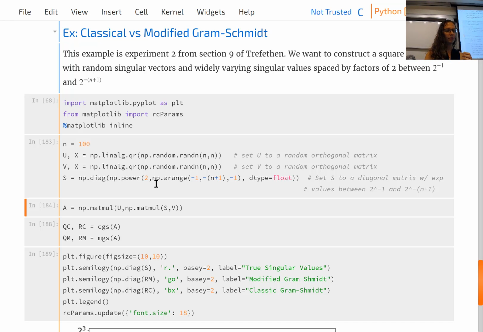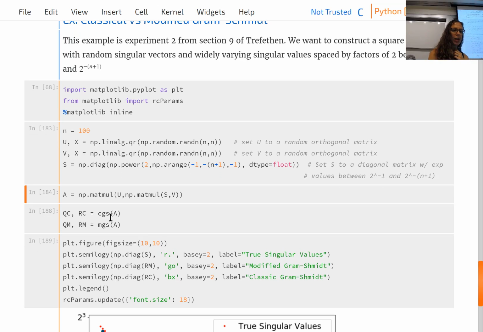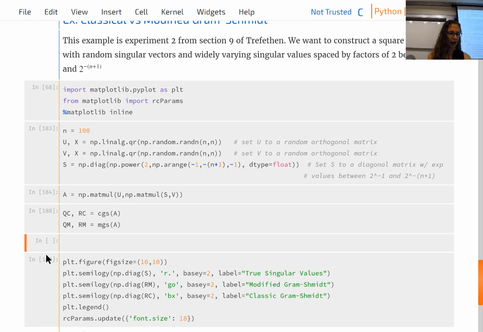Okay, so we create A, and we do a classical Gram-Schmidt and modified Gram-Schmidt on it. I should have checked that, and these might end up off by a sign.